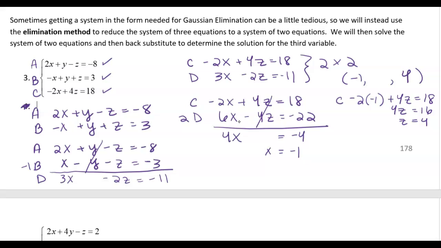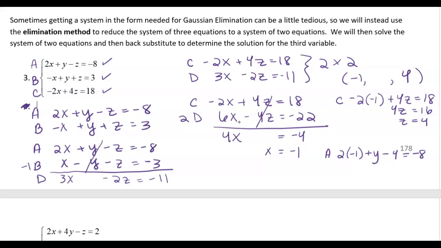All right, and then you want to go back into either equation A or B to find the last variable, which will be y in this case. So let's say you choose to use equation A. So that'll be 2x, and you know your x is negative 1, plus y minus your z, so minus 4, and set that equal to negative 8, and you're going to solve.